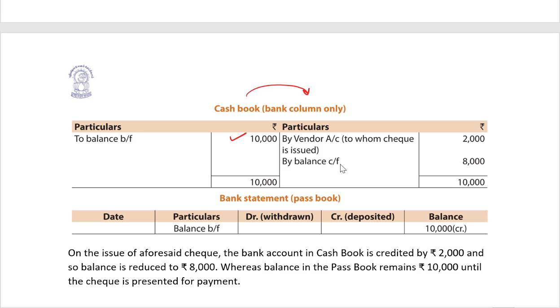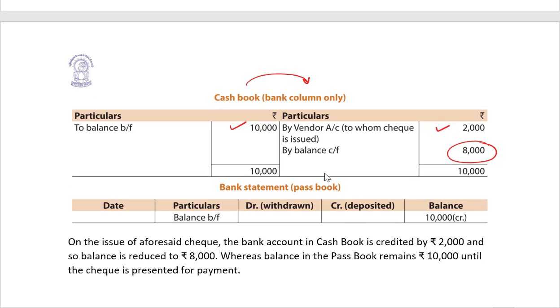The opening balance of cash book is 10,000 rupees. We had issued a check in the name of the vendor, 2,000 rupees, and as per our balance we have a closing balance of 8,000. That is the closing balance in the bank column of the cash book is 8,000 rupees.